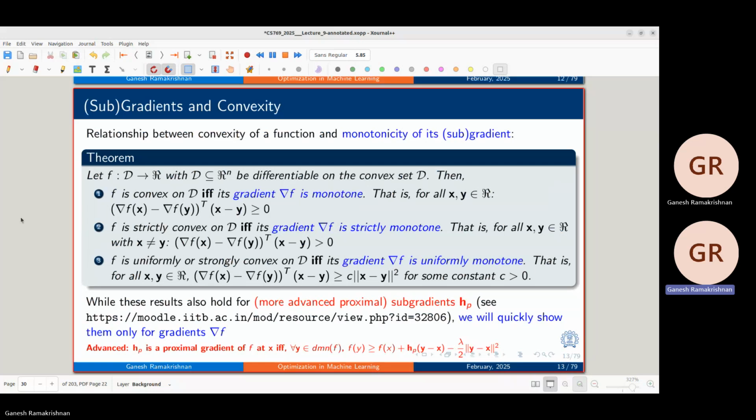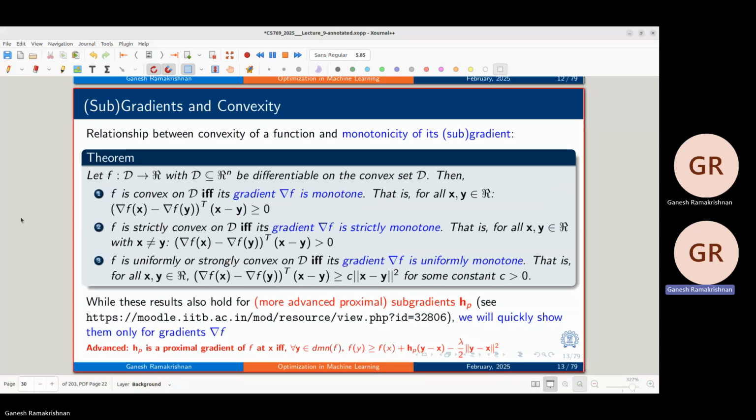So I'm going to leave you the question. All this is fine if the function is differentiable. What if the function is not differentiable? A convex function f, even if not differentiable, is guaranteed to have a subgradient. Can I say that the function f is convex, even if not differentiable, if and only if every subgradient of f is monotone?